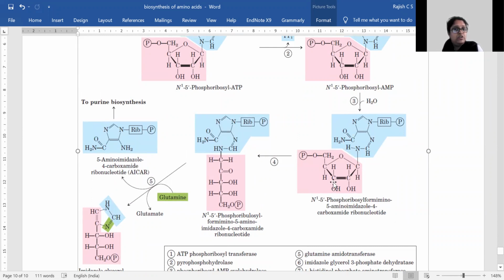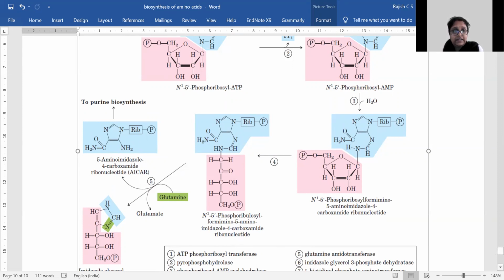And once the ribonucleotide is formed, an isomerase reaction will convert the ring structure of the ribose to the open chain structure of the ribose.